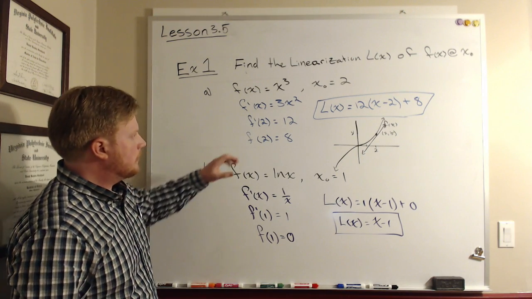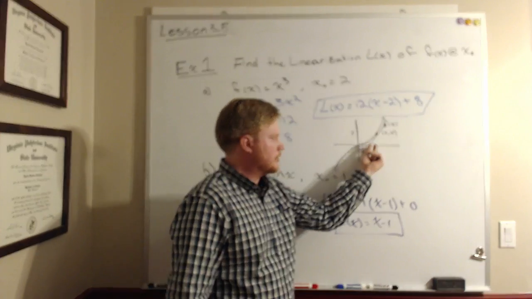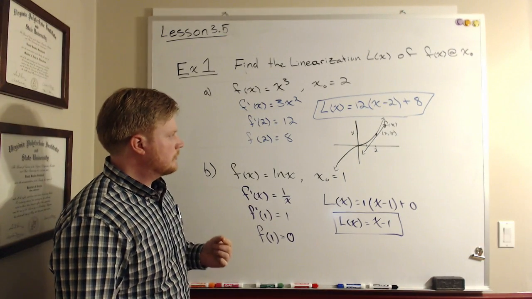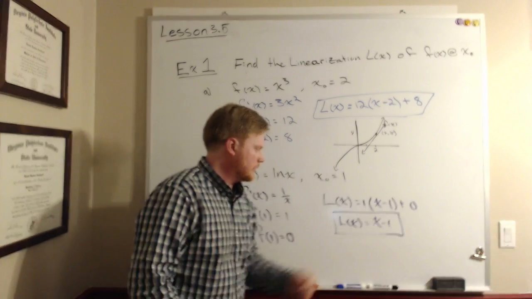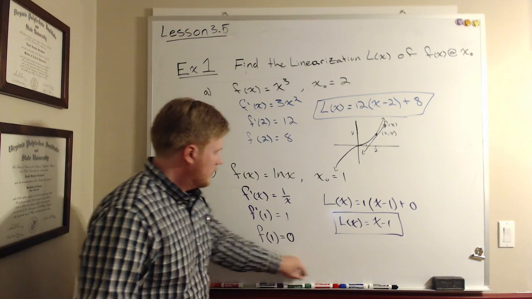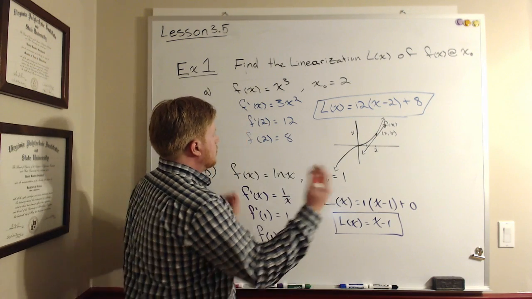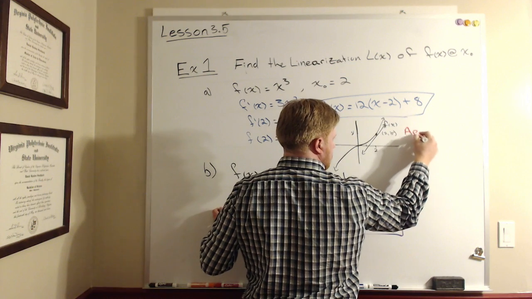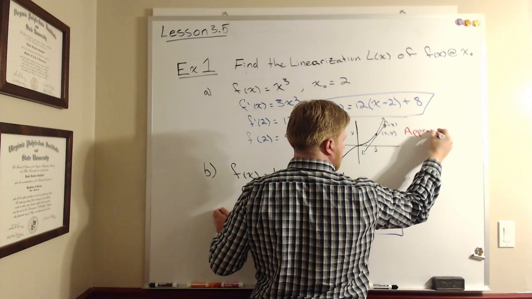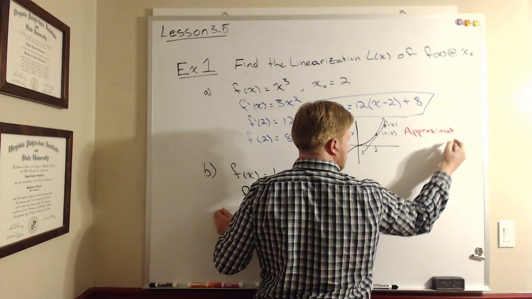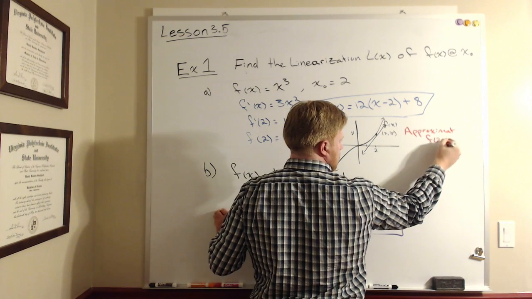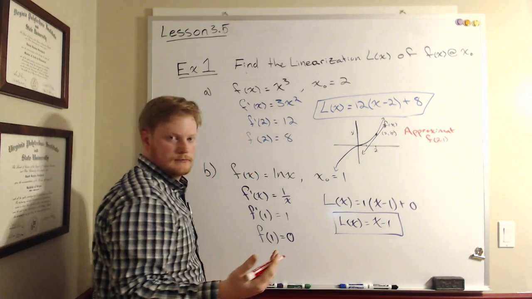Well, they let me approximate values of the function really, really close to 2 in this case and to 1 in this case. So let's see, what if I wanted to approximate f of 2.1?